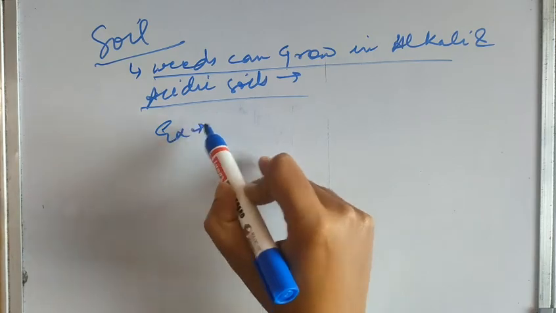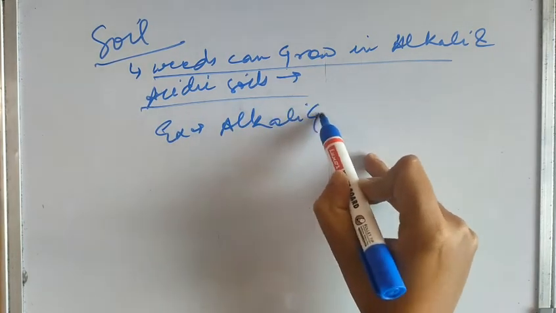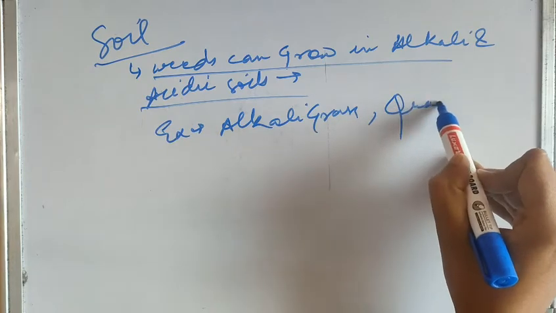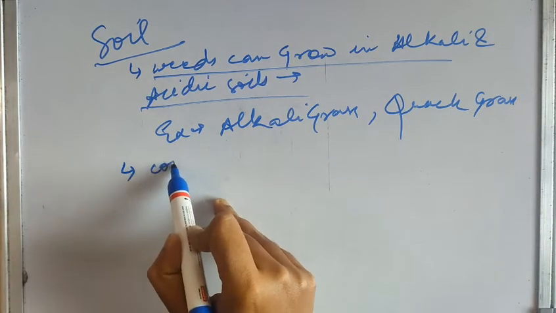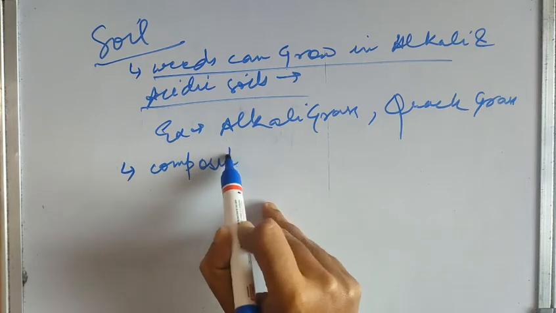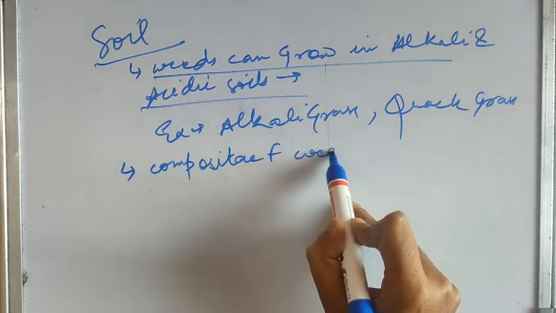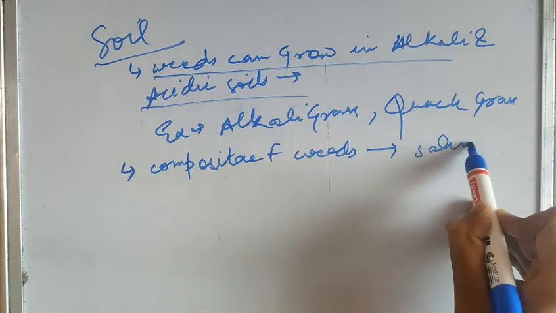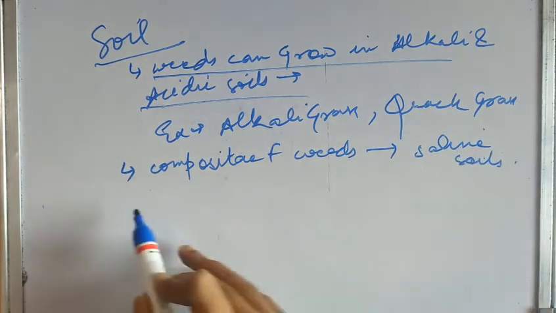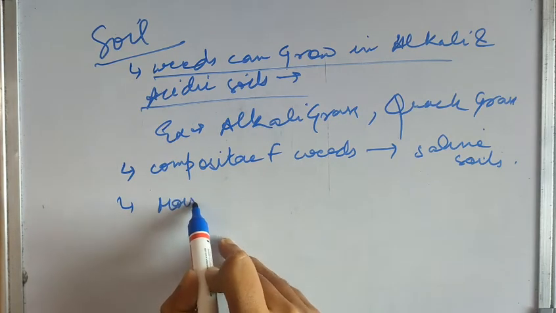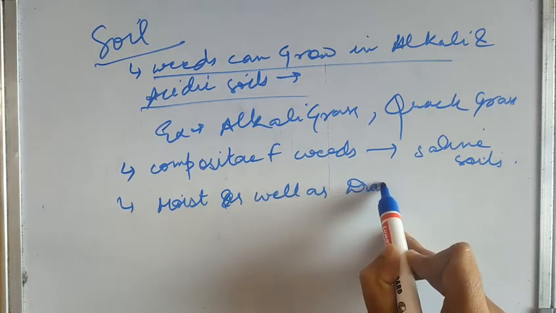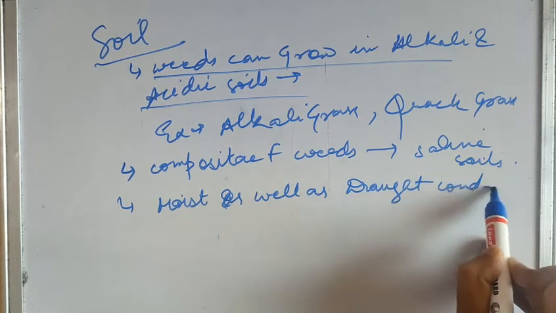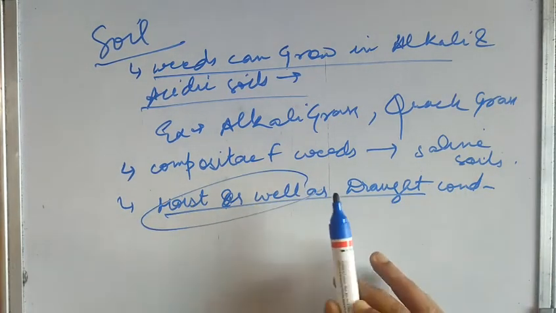Example, you've got alkali grass, quack grass, and some weeds of Compositae family. Compositae family weeds grow well in saline soils. Weeds can also adapt to both moist as well as drought conditions.